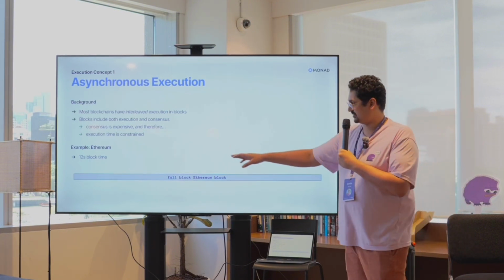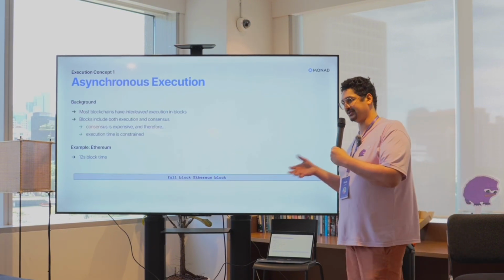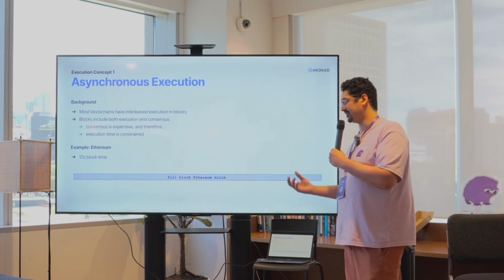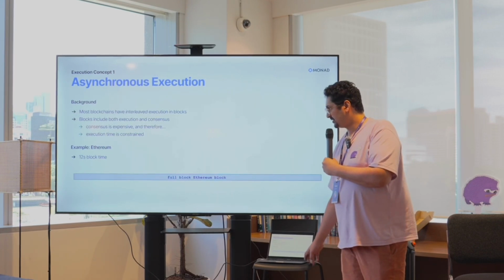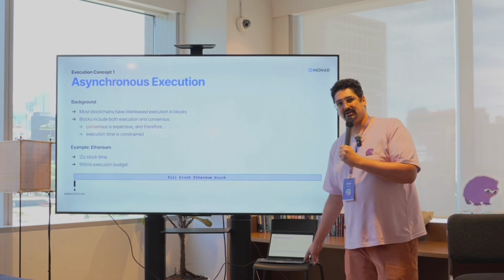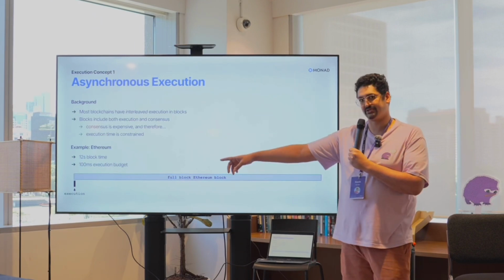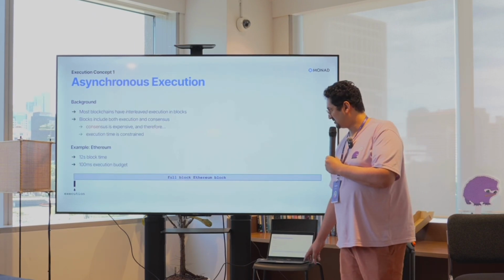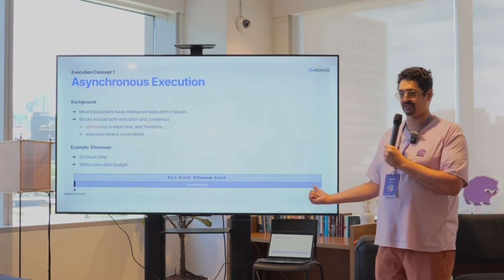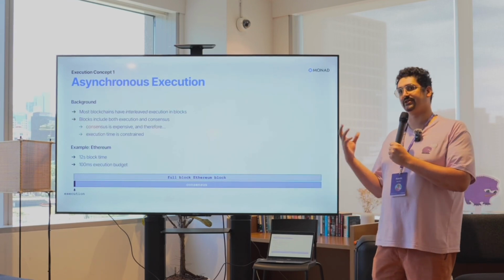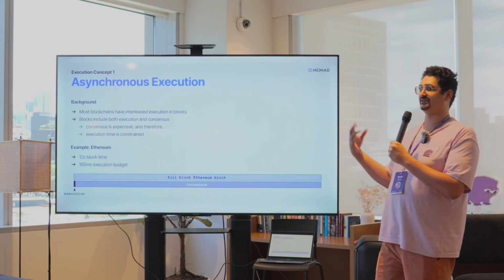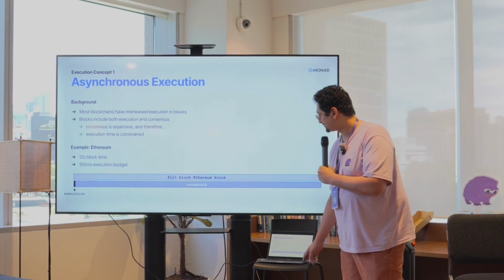This is kind of like how long each block has to come to consensus before a new block is proposed. And we see execution in Ethereum is like 1% of the block time, and consensus takes way more time. Why does it take way more time? Well, because it's nodes talking around the globe, obviously speed of light, it just takes a lot of time.